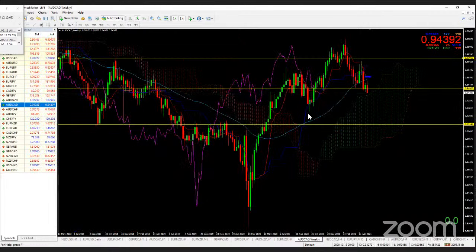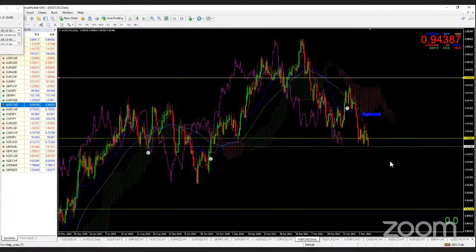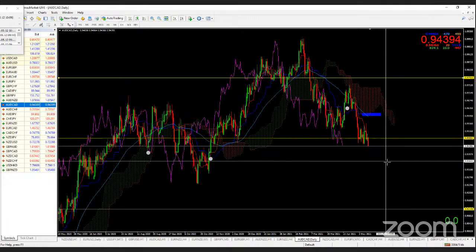Obviously for this one, we're looking at a medium to long-term trade. When I say medium term, I'm looking at a couple of days, maybe a week or two. Long term, obviously, will be longer than that. I believe this is going to drop.